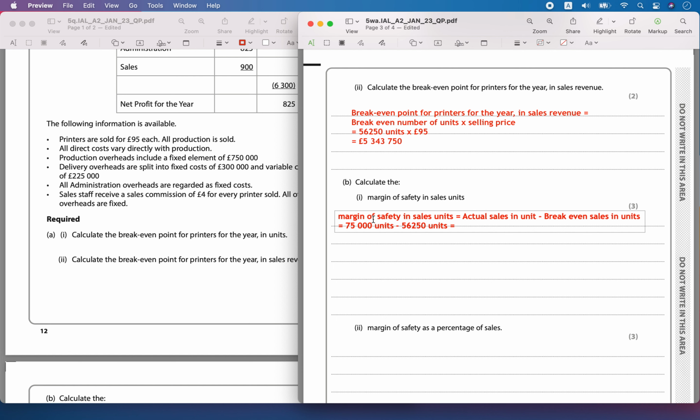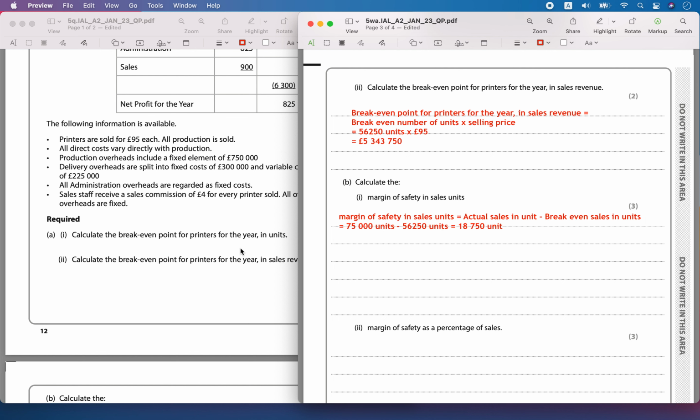This represents a point from where the actual sales can fall up to the break-even point and you are literally safe in the business. That is equal to 18,750 units.